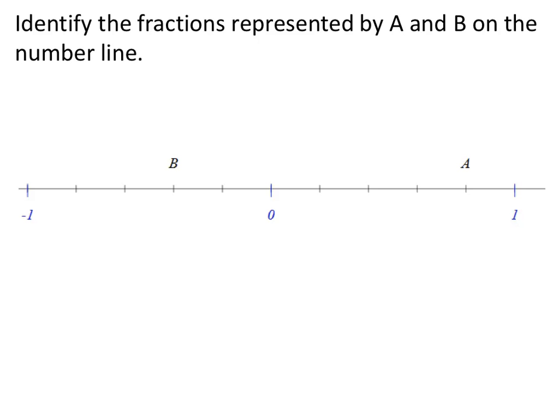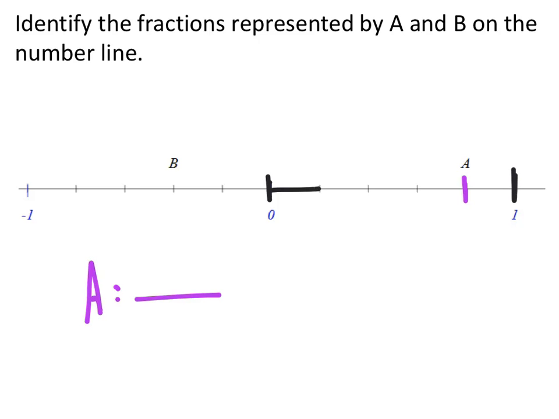All right, so identify the fractions represented by A and B on this number line. So we just need to figure out what the size of the pieces are first. That's what I would do anyways. So I'm looking at A right there. And again, we're going to be showing this as a fraction. So between 0 and 1, how many pieces are there?